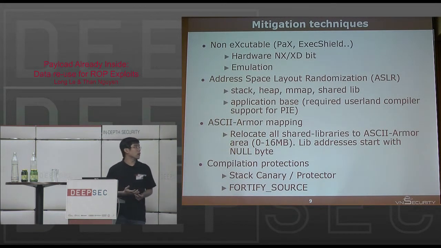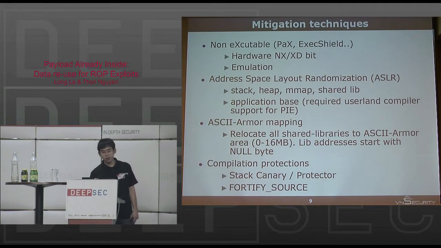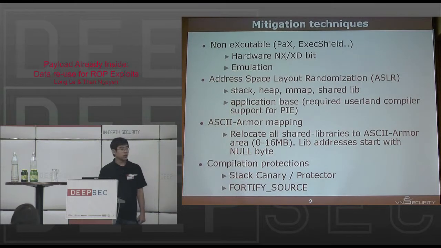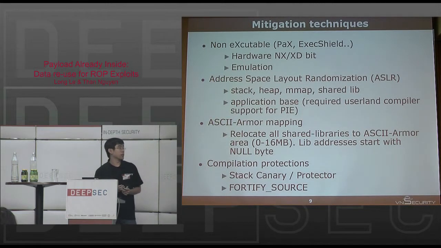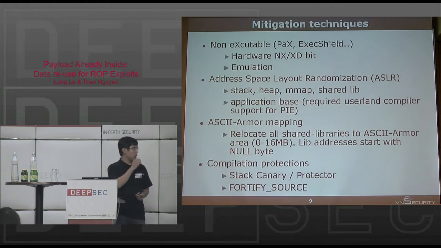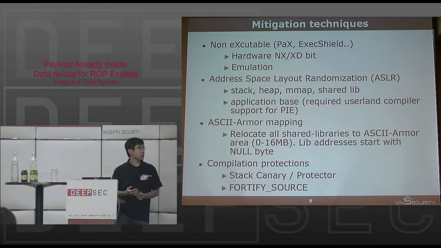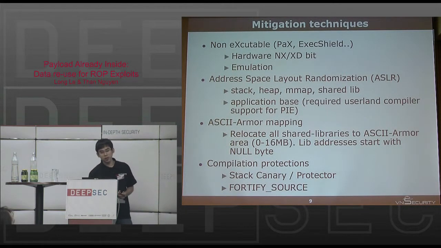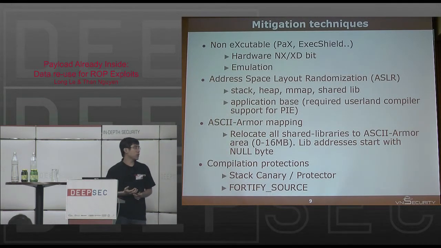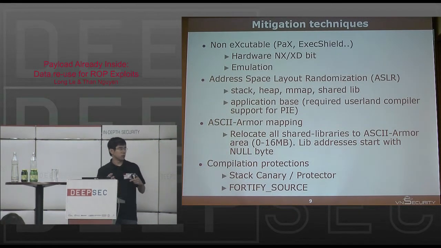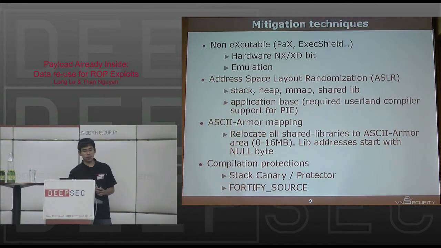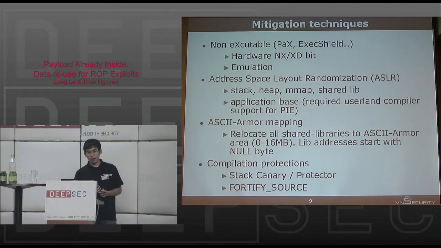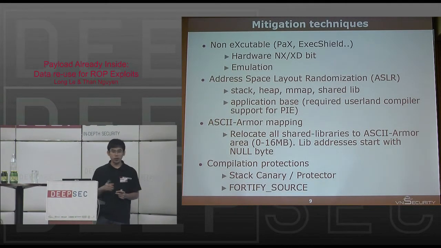There is Address Space Layout Randomization, ASLR, which supports randomized mapping of the stack, heap, memory mapping, shared libraries, and also the application base, which requires compiler support with the PIE option. And like Exec Shield from Red Hat, they also introduced ASCII-Armor mapping, where the shared libraries are relocated in the ASCII-Armor area, which is the first 16 megabytes, which means the library addresses start with a null byte.